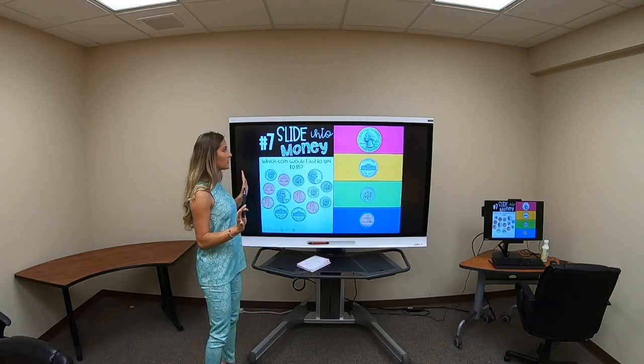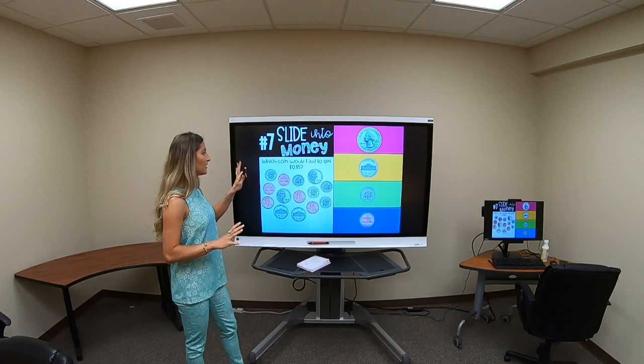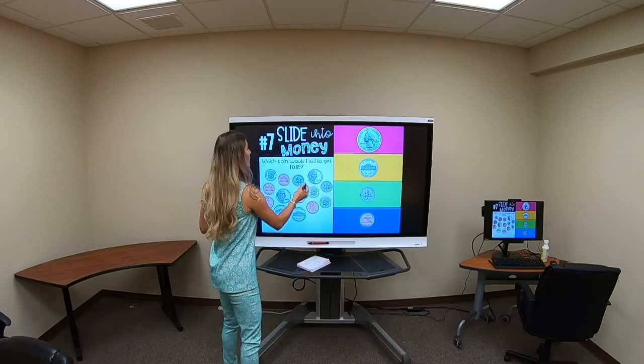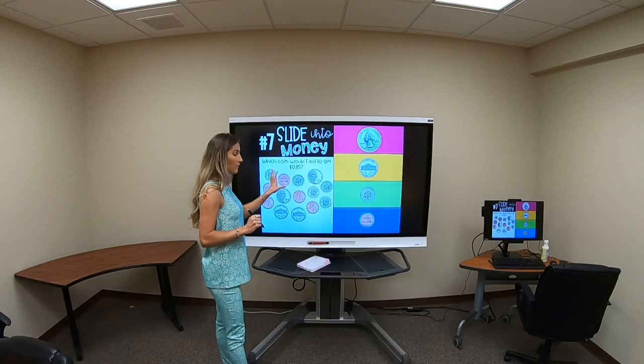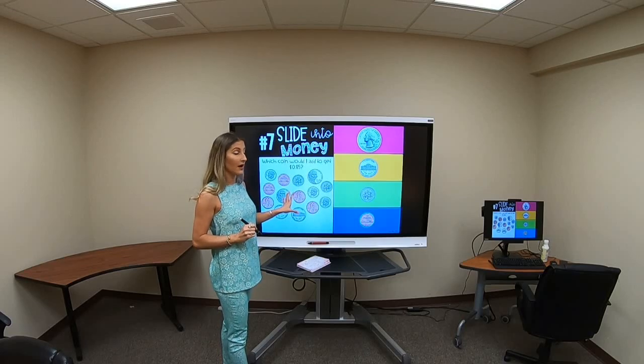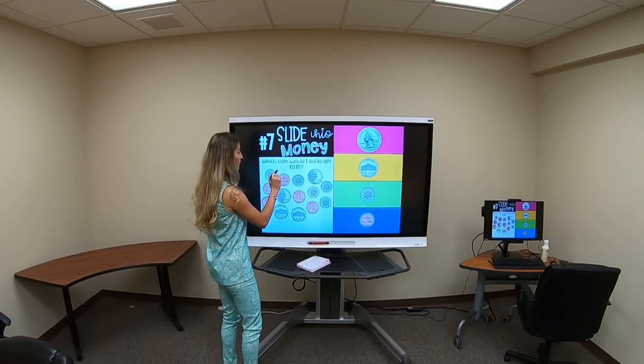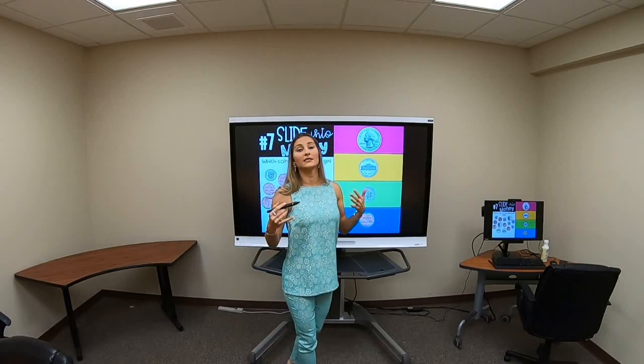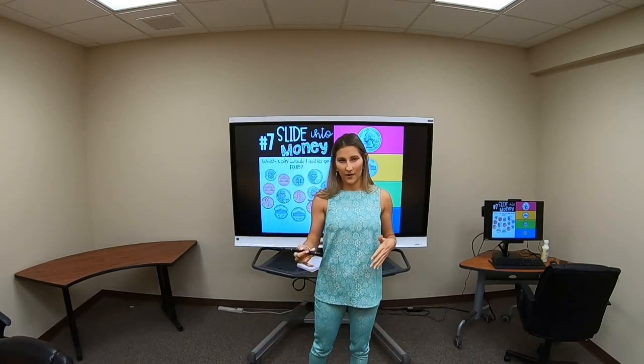Okay, so this one is a little different. They give you a set of coins to find the value of, and then they actually want you to get to 85 cents. So what we have isn't quite 85. We're going to add up how much we have, and then we're going to figure out which one of these coins we need to add to get to 85 cents.